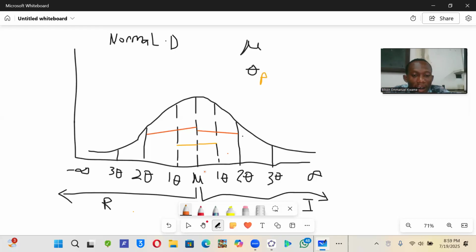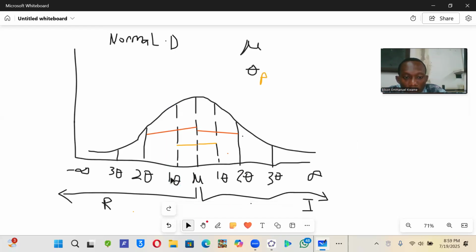Do you get it? Now, one thing we also have to take note of is, let's say, let me draw another diagram here, right? Let me explain it using this.